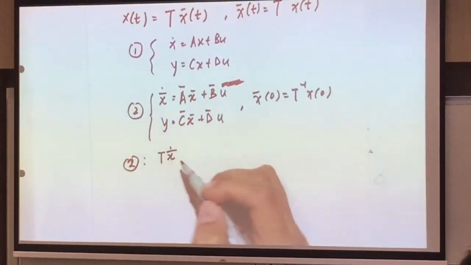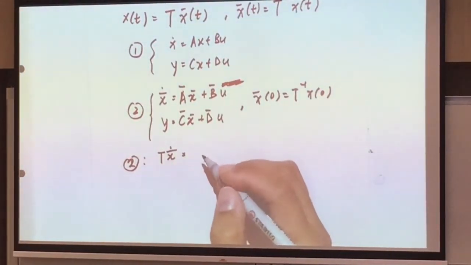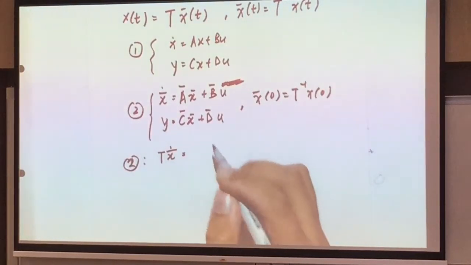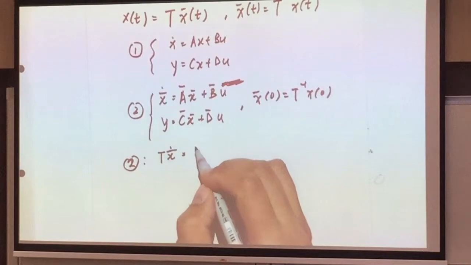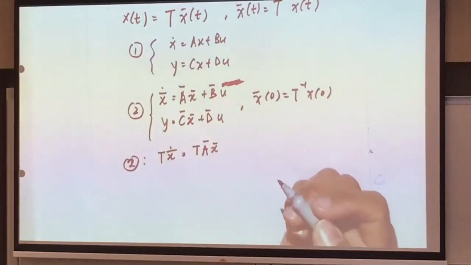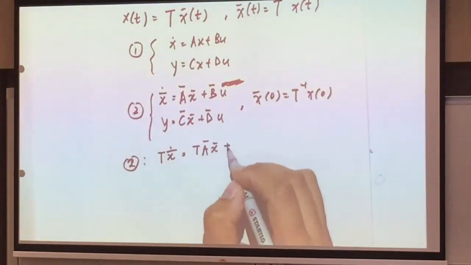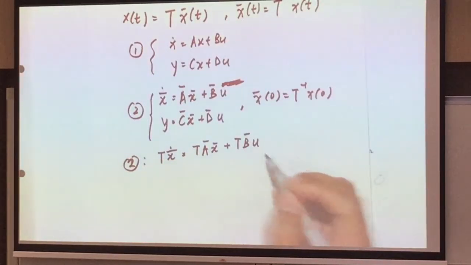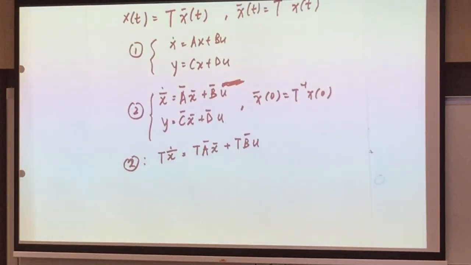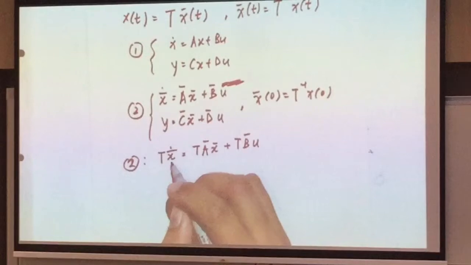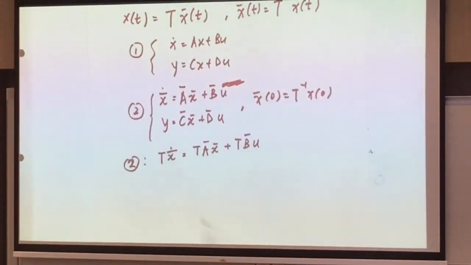So T x bar dot would then be... And then y, leave it as it is for the time being.